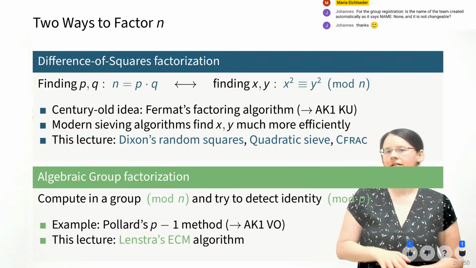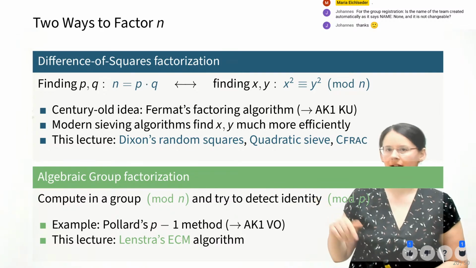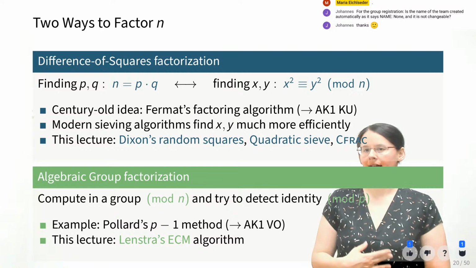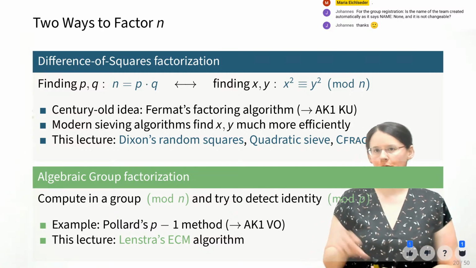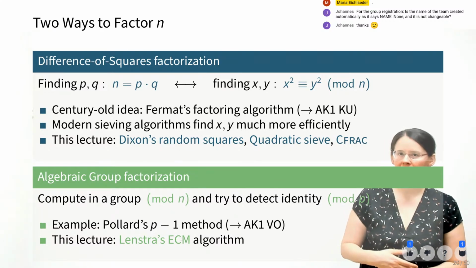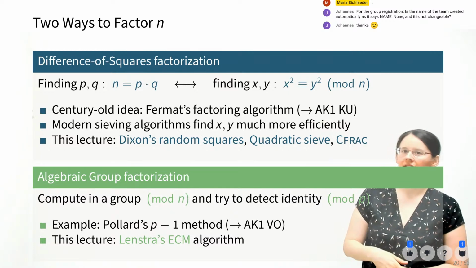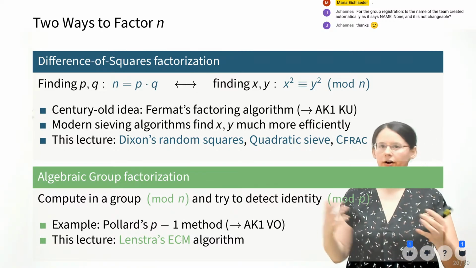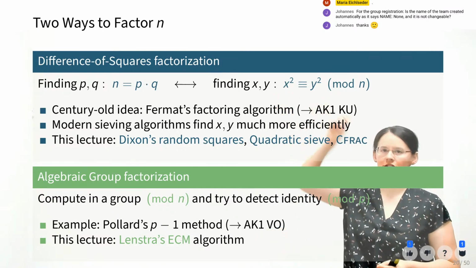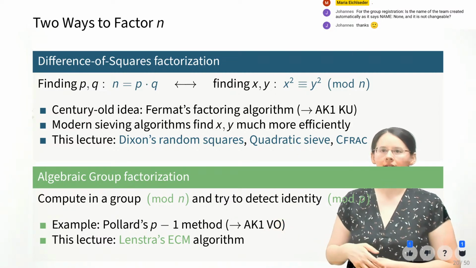And the very first time this idea appeared was actually centuries ago, in the shape of Fermat's factoring algorithm. And modern sieving methods, so whenever you see the sieve in a name, are usually based on a way to find such relations much more efficiently than Fermat, who simply tried out random pairs, so random squares, and checked whether the square minus n was still a square.